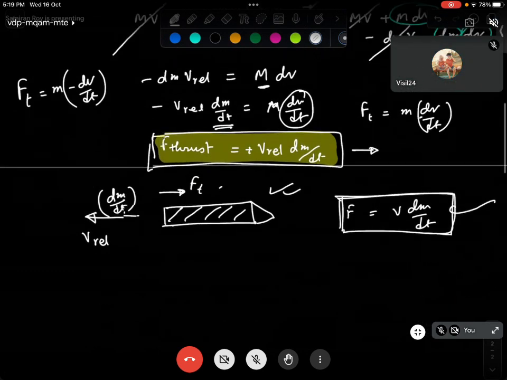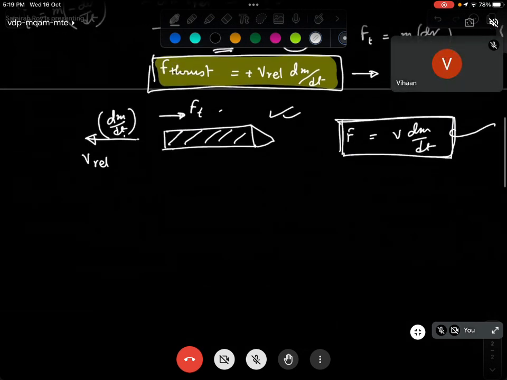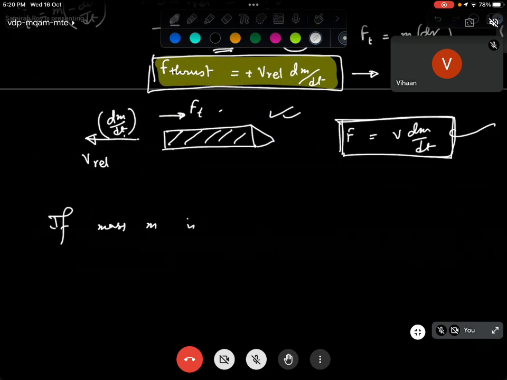Now I'll tell you one thing. This is exhaust, so mass is rejected.